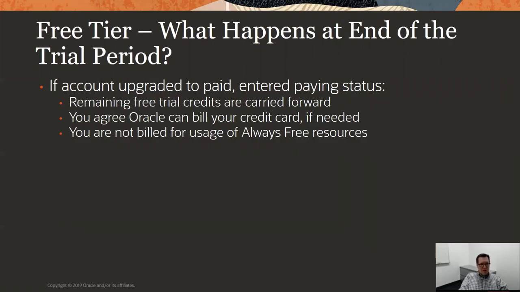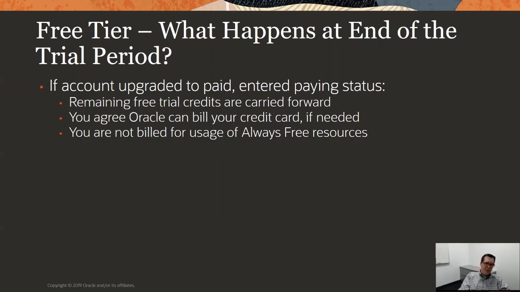If you do upgrade to a paid account and you enter into paying status when the trial period ends, the big change is at that point you're agreeing that, okay, if I do consume paid resources, Oracle may charge me for my use of those paid resources. So there's a click through, and there's an agreement that goes along with it, basically saying, okay, if I use paid stuff, Oracle can charge me now.